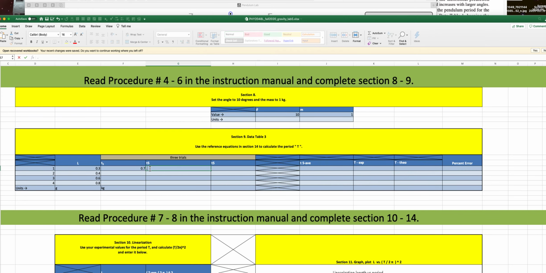And just like before, you want to calculate the average of these 5 values. So this is 0.75, and then let's say this was 0.789. To calculate the average, you can do it by hand, or you can type equals and then average.